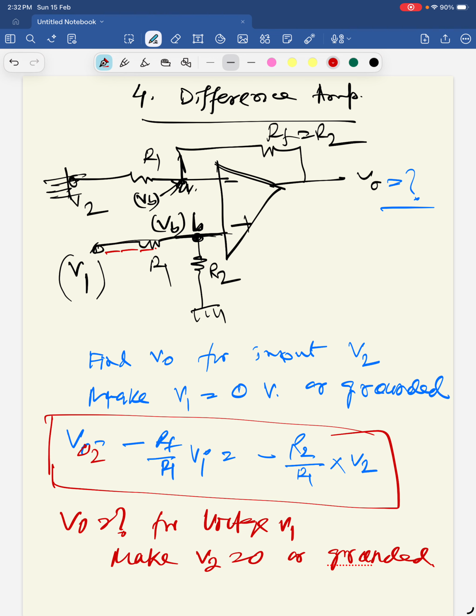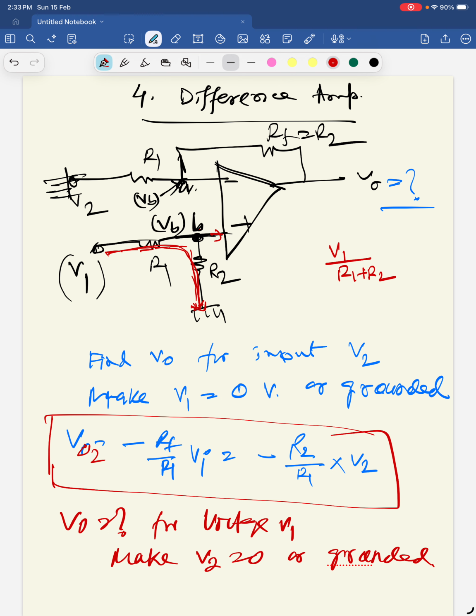This direction, this path. This current is 0. See, this is the closed path. So what is the voltage at VB? The current is nothing but V1 divided by R1 plus R2. This is the current flowing through this path.